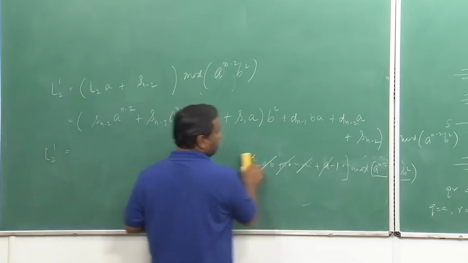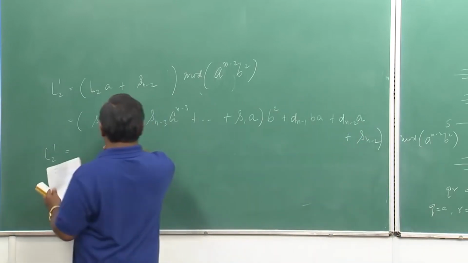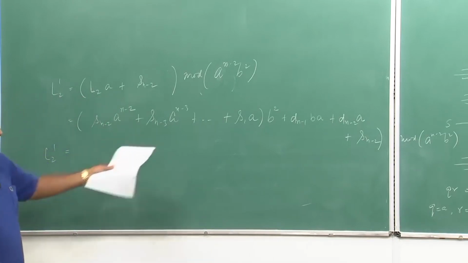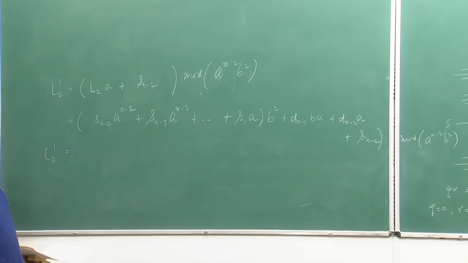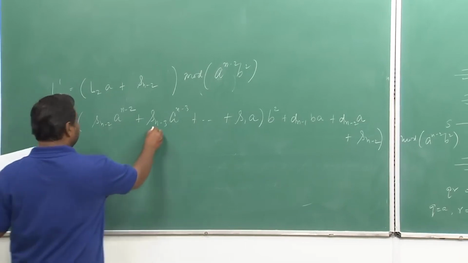Okay. Except this particular term, which will go out because it turns out to be a raised power n minus 2 b square, an integer multiple of that. So L2 prime will be from there onward.